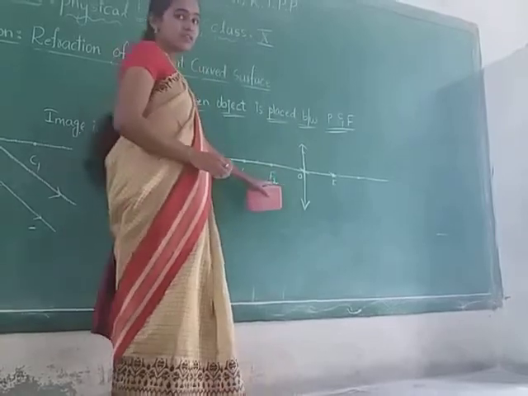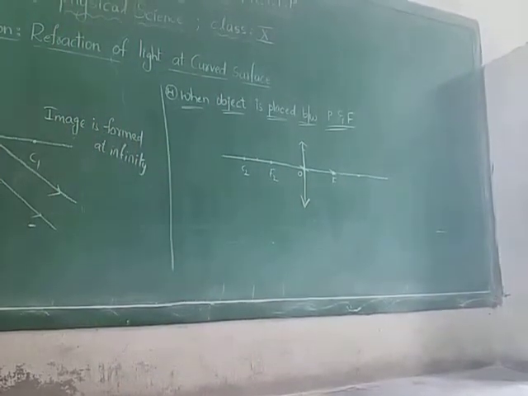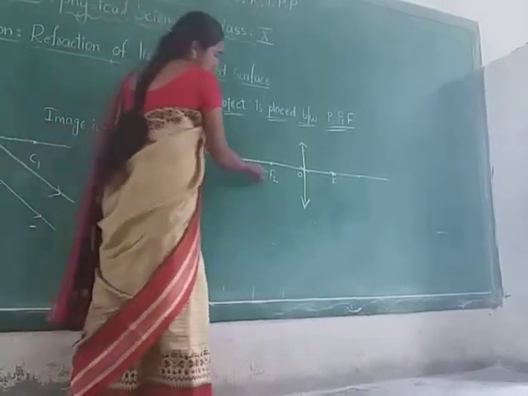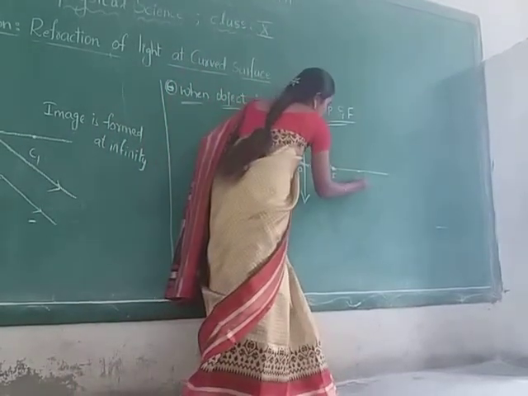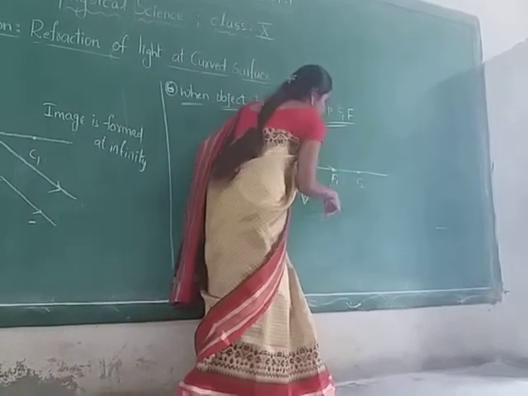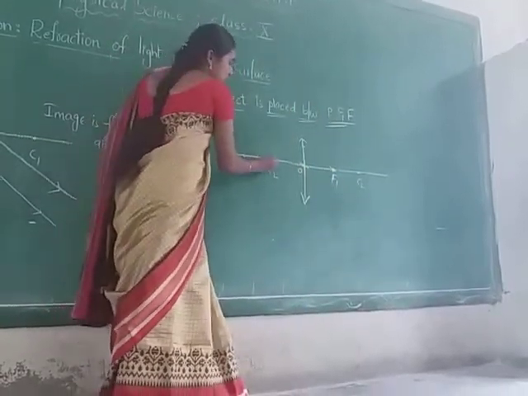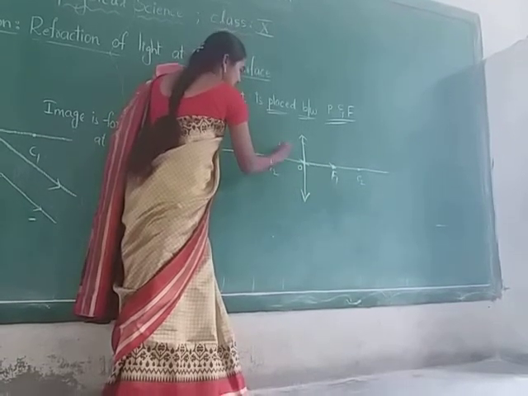We have to represent the optic center, focus point, center of curvature. Here also focus point, center of curvature. Now we are going to draw the ray diagram when the object is between the focus point and optic center, between these two points.